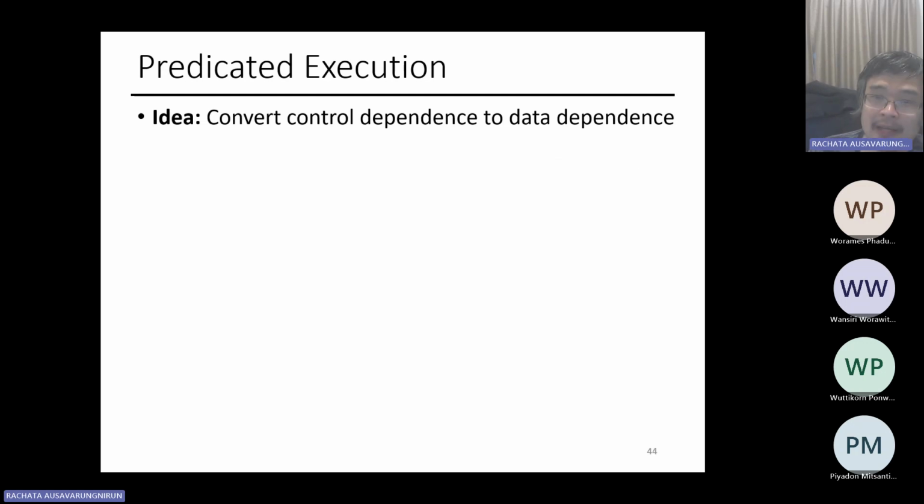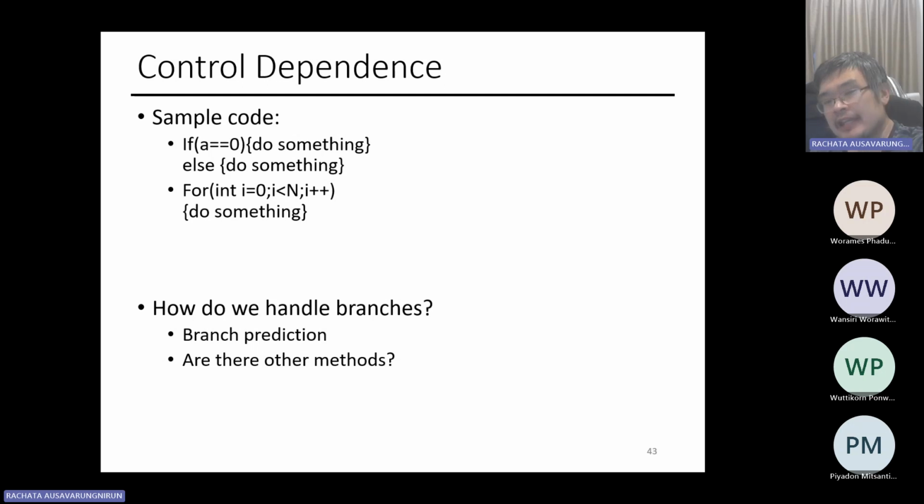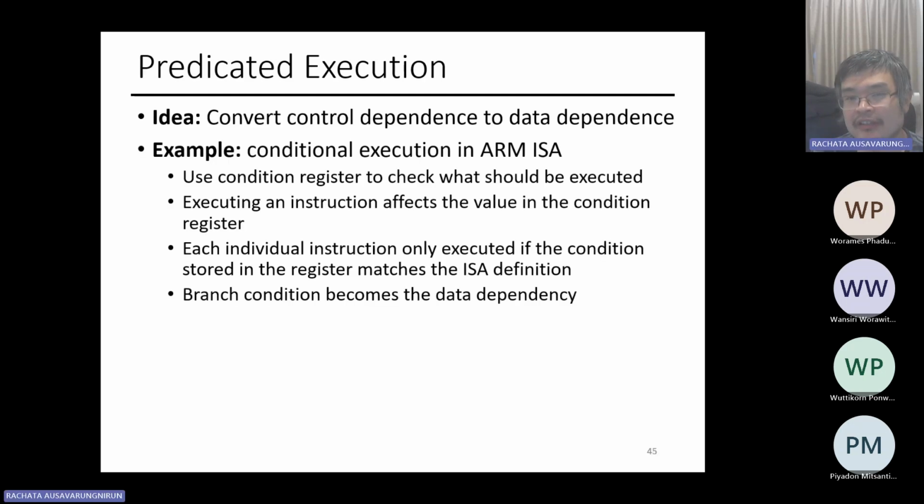So if you look back at the code here, if A is 0, then I would do something in the if and then keep running. If A is not 0, I also keep running in the else, right? Depending on what has to be done, I would mask off and not do the other side of the loop or branch. All right, so that's the key idea of predicated execution.